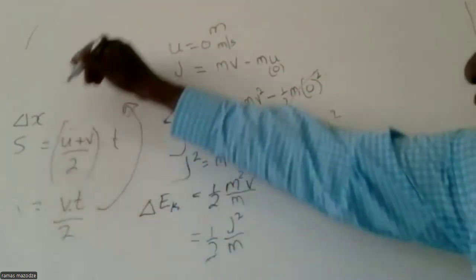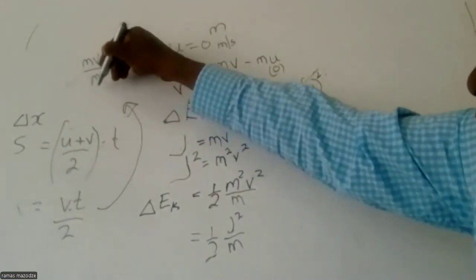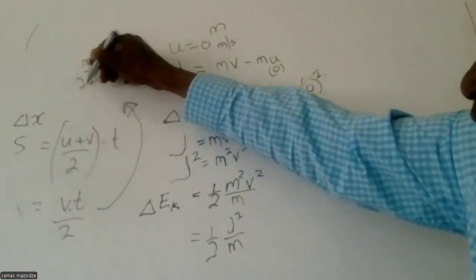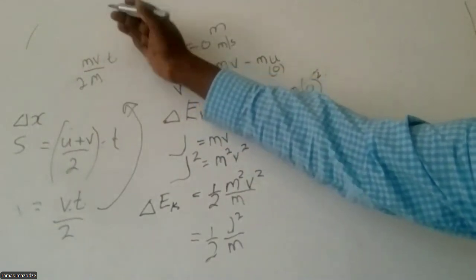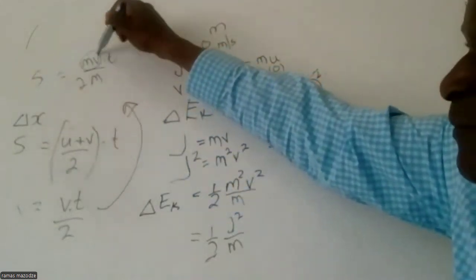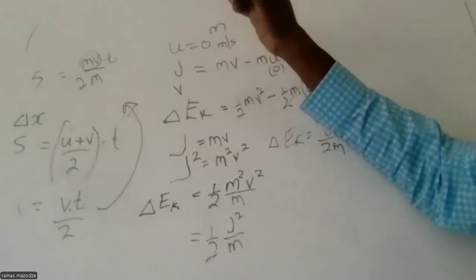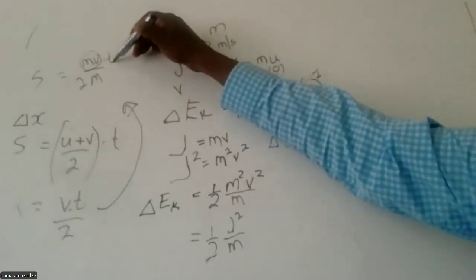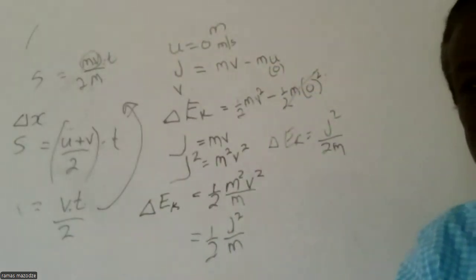I make it mv over m, which is the same thing, and that 2 is still there. It's vt over 2, so that gives you the displacement, and you replace mv with J. So the final answer in that case for the displacement in terms of J was Jt over 2m. I guess you follow this.